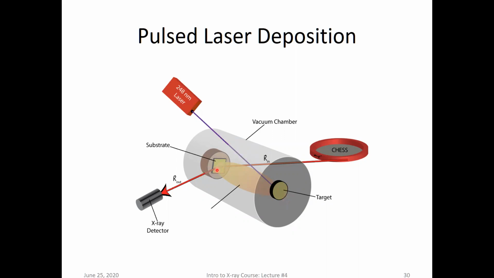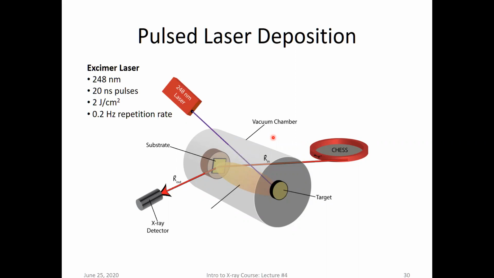If I do it carefully, I can get really high quality samples. In our experiment, of course, we use the synchrotron to generate X-rays, and we monitor the growth of the thin film in real time while we're growing. This is quite a challenging experiment, but it gave us tremendous insight into what's going on.